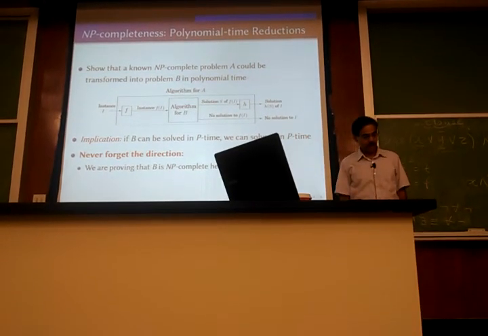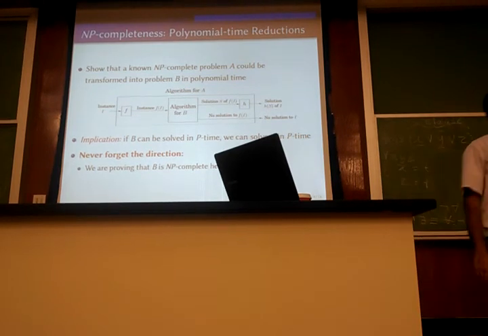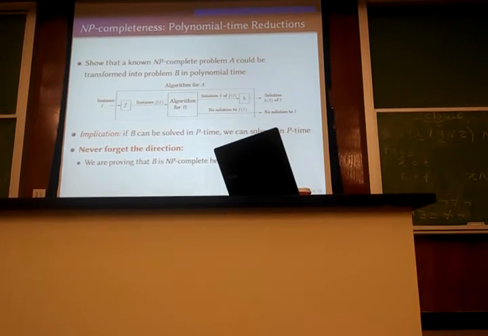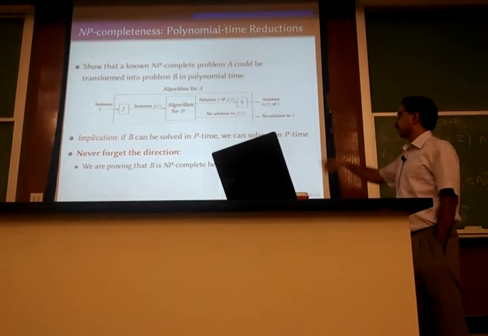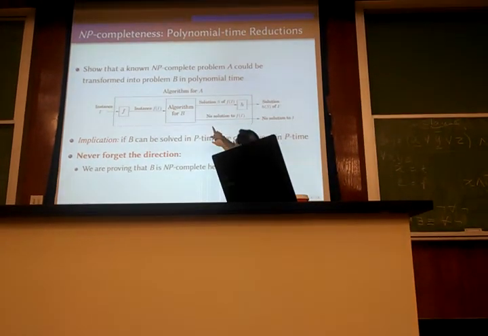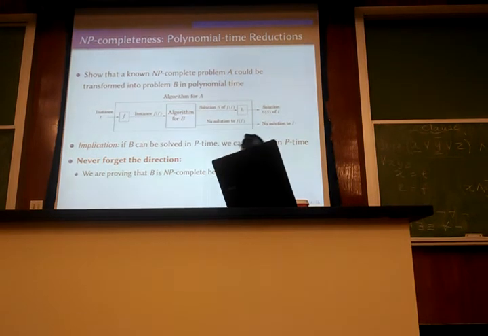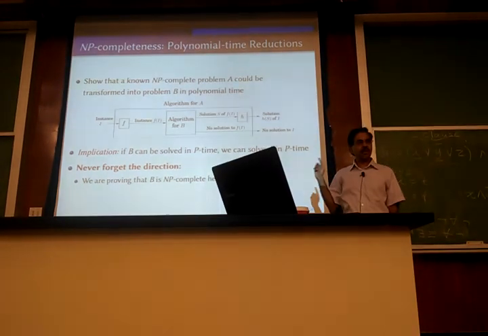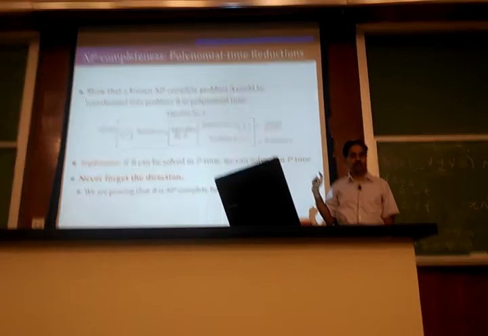Here is just the same concept illustrated with the picture. So you are given a problem instance I, and so what you're doing is you're trying to show that if there exists an efficient algorithm for B, then you can use it to solve problem A, right?